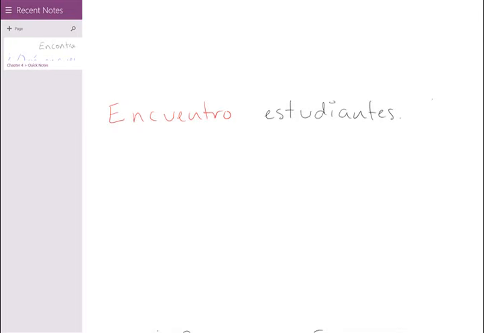Okay, so a couple things for us to look at are the O to UE stem change, right? And also, in the question above, they said encuentras, and the answer is encuentro in the yo form, right? Because if I ask a question in the tú form, you have to answer it in the yo form.